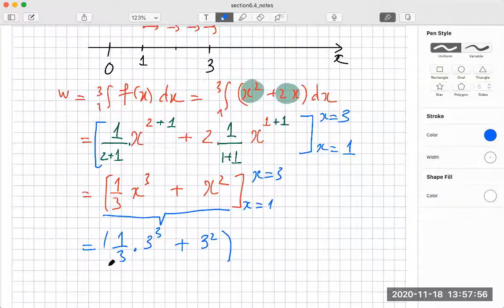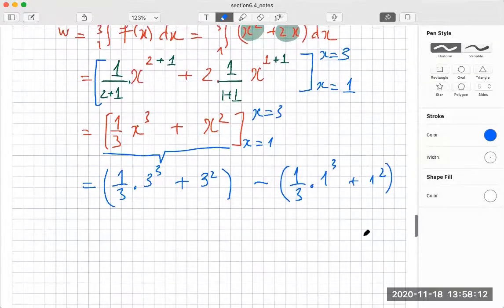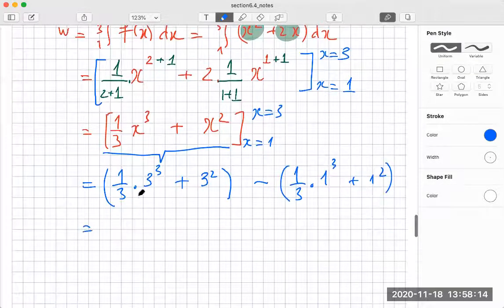This is the first term, in parentheses. Subtract the lower limit here. Okay, now it becomes easier. We just simplify it. 3 cubed divided by 3 gives us 3 squared, which is 9. Here is 3 squared again. Then it is 9.